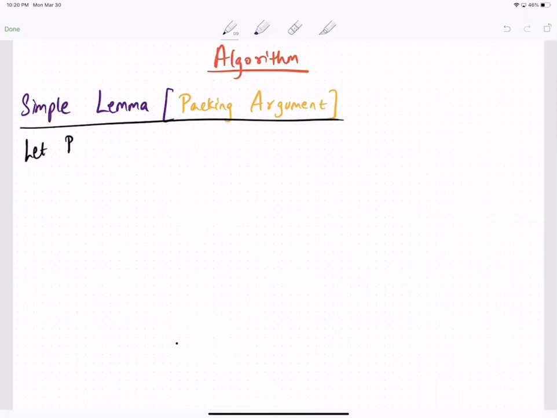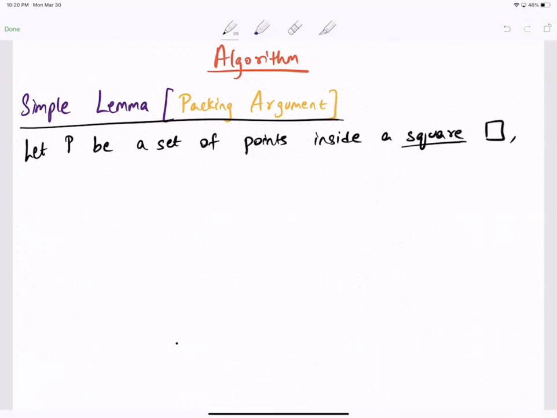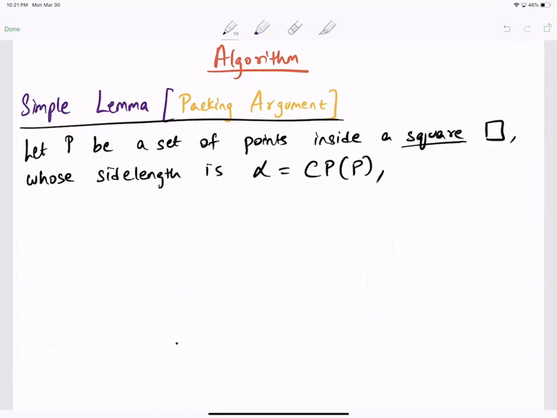Let P be a set of points inside a square. Note the word square. And the side length of the square is alpha, which is Cp of P. Now, what does this notation Cp of P mean?